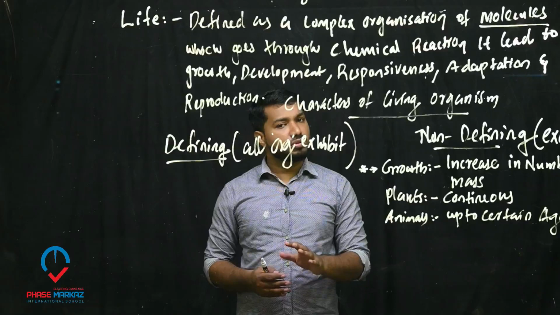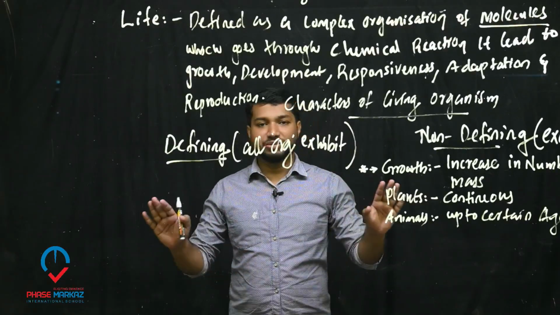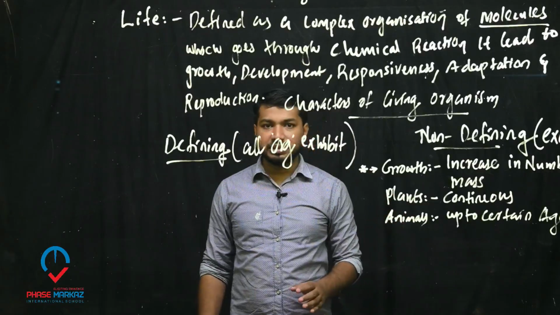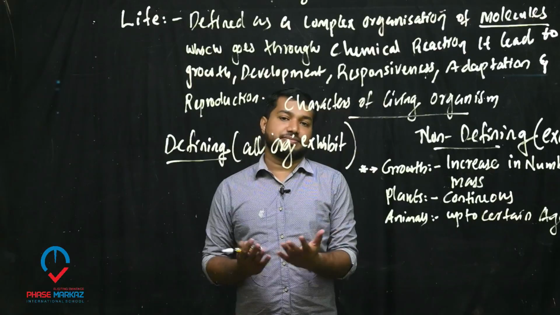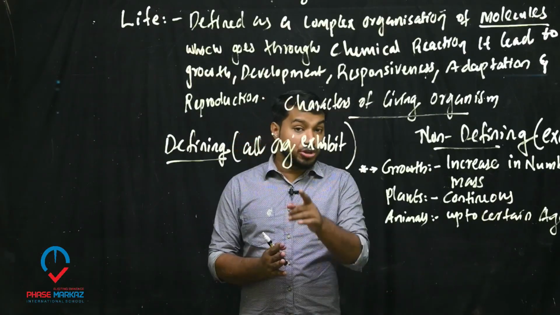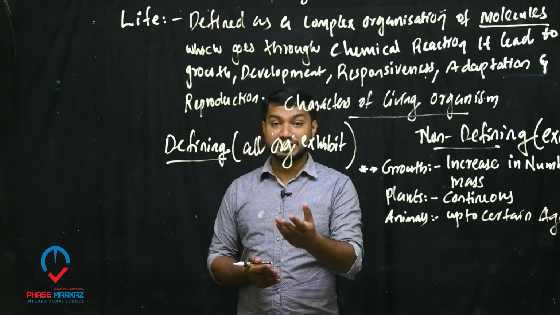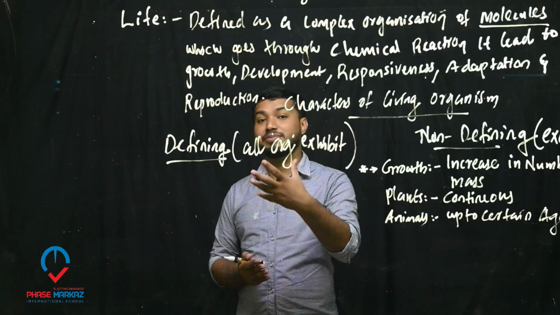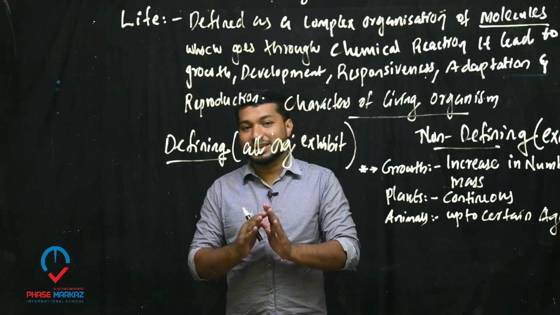Human beings will grow up to 20, 21 or 22 years. After that, growth will not happen. If you are thinking, I want to increase my height after 22 years, it is not at all possible. At your age, your height may still increase, maybe for 4 or 5 years, maybe up to 6 years. That's all. After that, height will not increase.